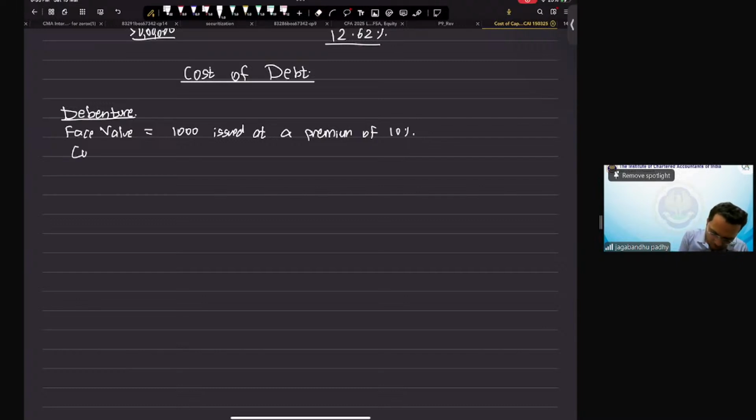And we say coupon payment is going to be 120 per annum. Every year, you're going to pay a coupon, or you can say interest of 120 rupees per annum.